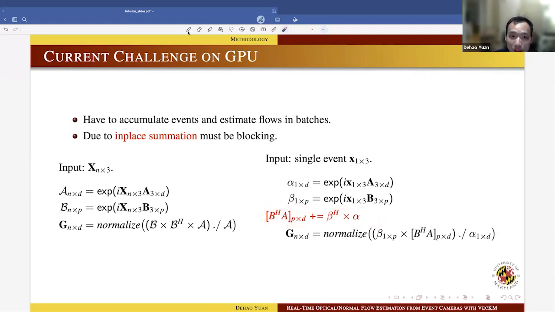So basically, if you have this B Hermitian A matrix, then when one event comes in, you need to process this plus-equal operation sequentially. It is not possible to have all the events do this operation simultaneously, and that's why it becomes extremely slow if you implement it sequentially or iteratively.